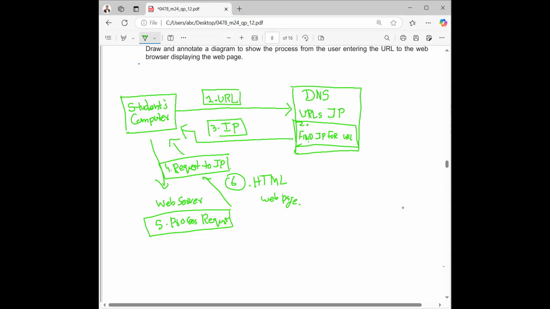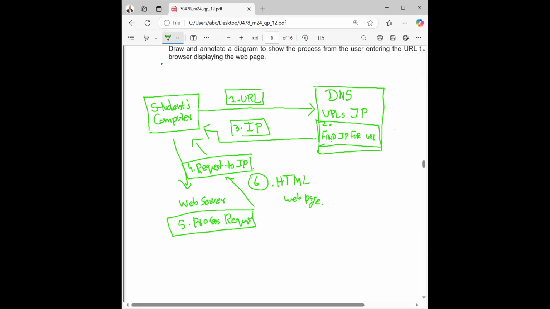So this is for 5 marks, and the marks are divided on what you are showing. The first mark is for showing the URL from the computer to the DNS. Then the DNS finding or storing the IP address. This is the second point.